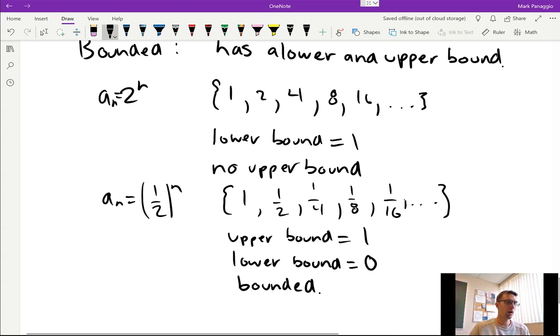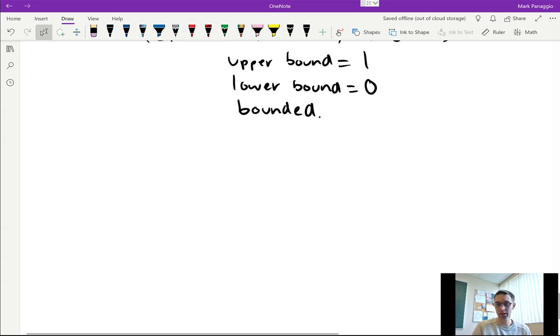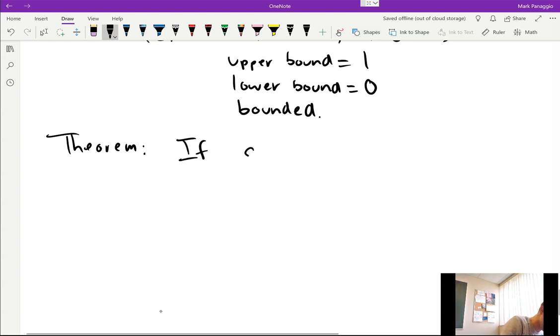Now, why do we care if a sequence is bounded? Well, knowing that a sequence is bounded gives us a clue about convergence, because you can prove the following theorem. If a sequence converges, meaning if it has a limit, then the sequence is bounded.